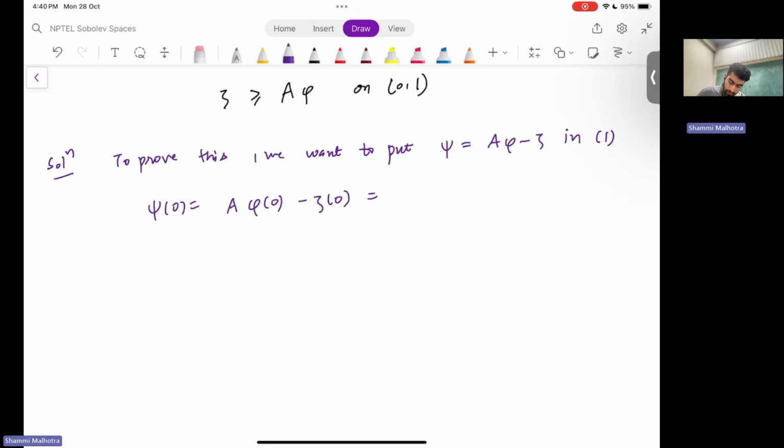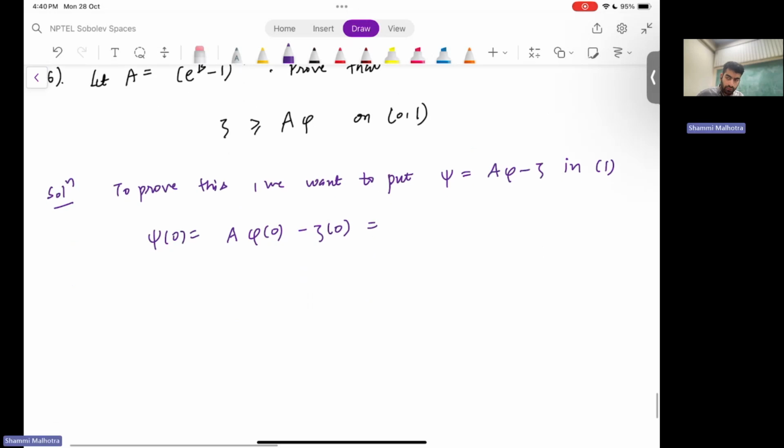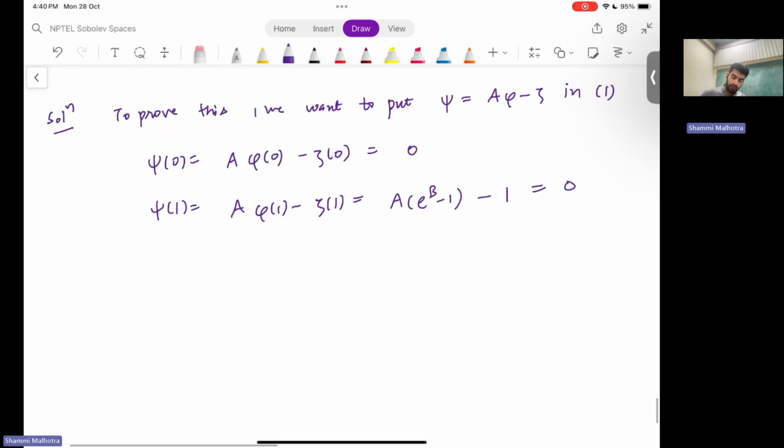Zeta 0 is 0, and phi 0 is also 0, so this is 0. And psi 1 is nothing but A phi 1 minus zeta 1. Phi 1 is nothing but e^b minus 1, and this is actually 0, because A times e^b minus 1 is nothing but 1, and 1 minus 1 is 0. Thus psi belongs to H naught 1 of the interval (0, 1).